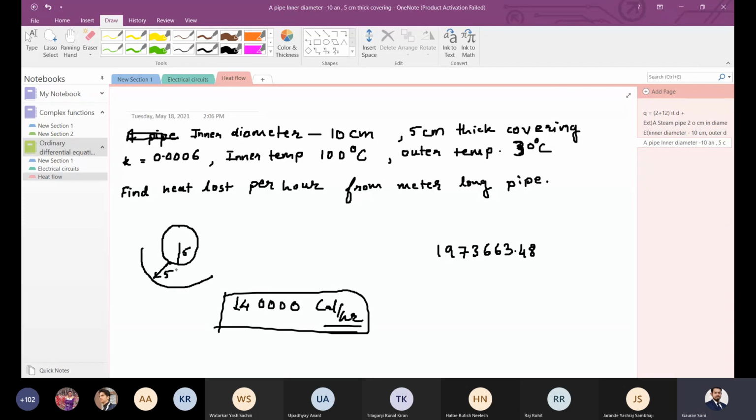This is 5. So total from here to the outer covering will be 10. So while integrating, you should go from 5 to 10. Am I clear? Yes, sir.